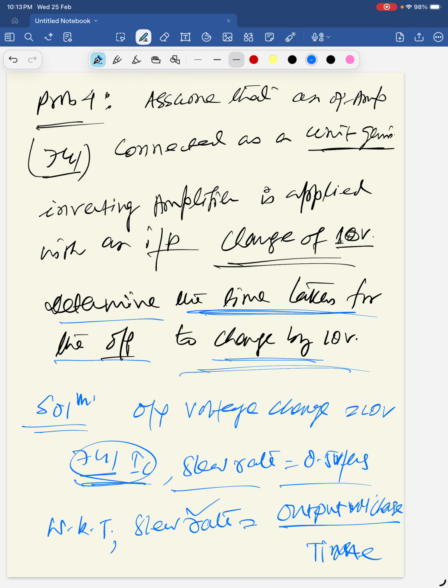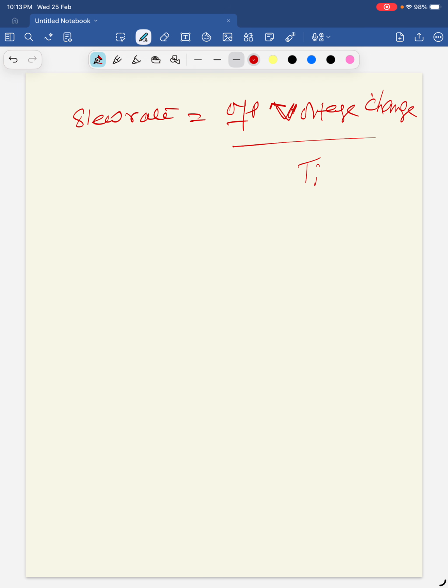So you know the slew rate and output voltage, so you will find out the time. I am writing the formula one more time: slew rate is equal to output voltage change divided by time.